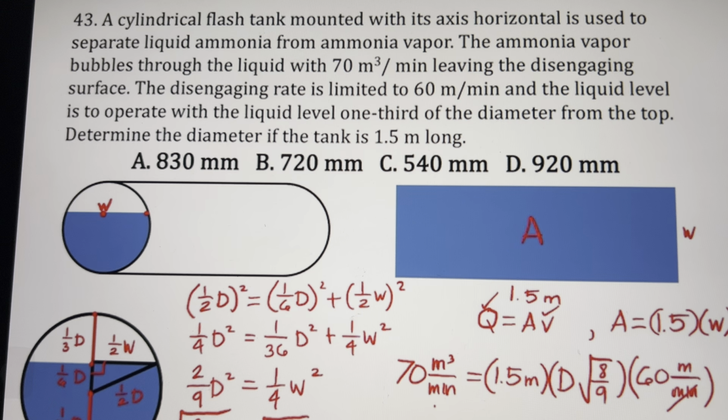It cancels out minutes as well as the 2 meters, so the unit of our diameter will be in meters. What is our diameter? The answer is 0.825 meters, or the same as 825 millimeters. The best answer is 830 millimeters.